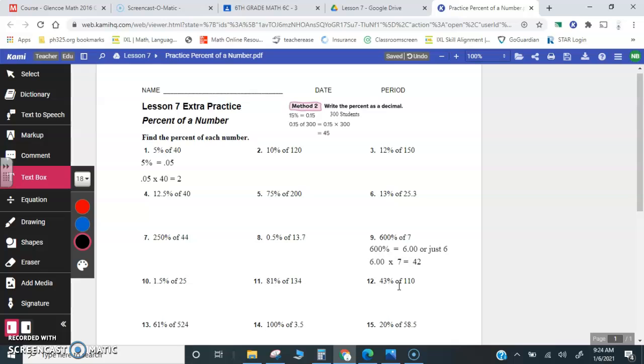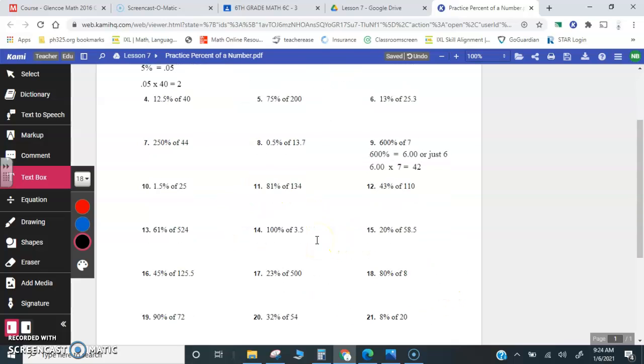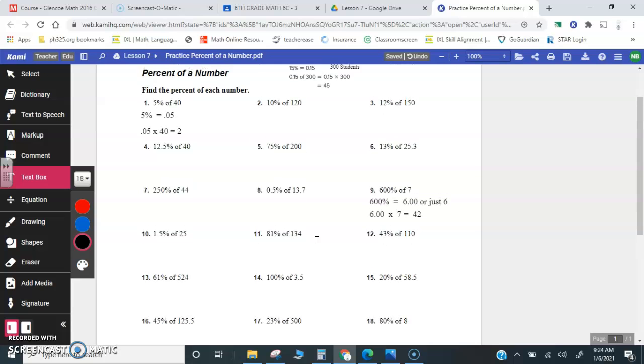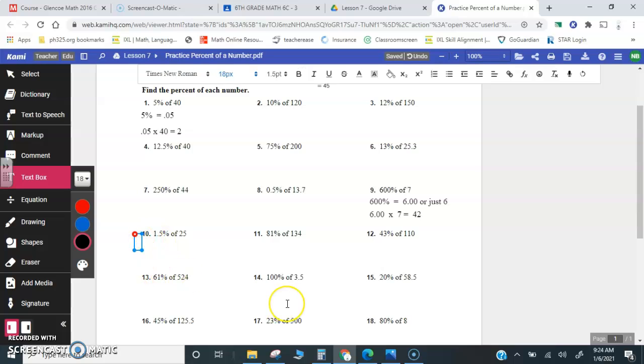All right, let's move to another one that looks tricky. Let's look at number 10, okay? Number 10, we have 1.5%, okay?